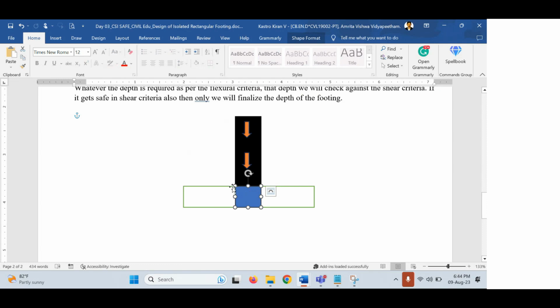Why do we need to consider this stiff area in the software calculation? This stiff area design is very important, because maximum amount of load will be experienced by this portion of the foundation slab.